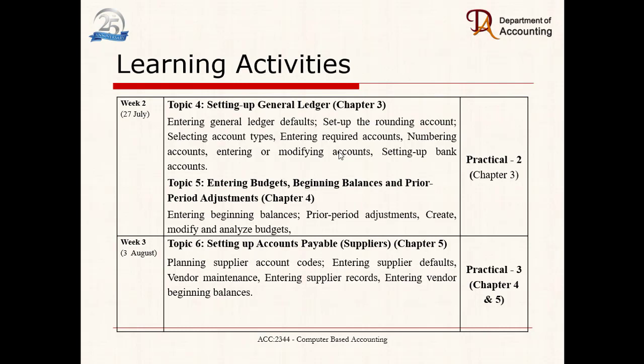Then in the general ledger, you had a control account relating to the debtors. So once you take the balances of the individual customers, you would take the total, and that total at the end of a particular period should correspond to the total of the trade receivables control account that you have in the general ledger.